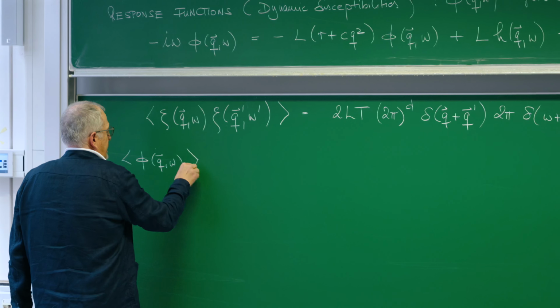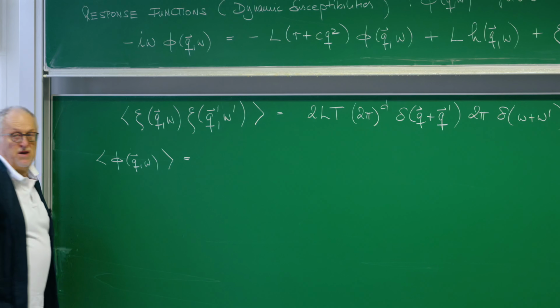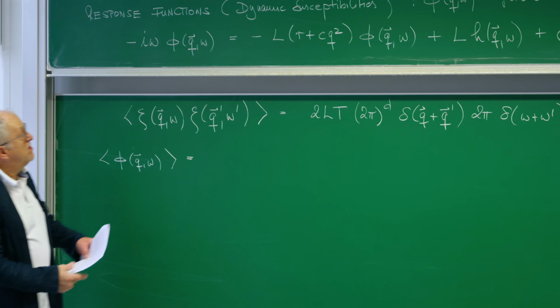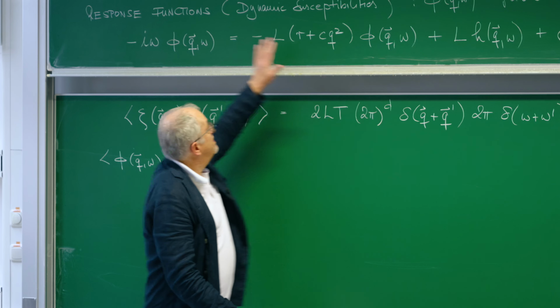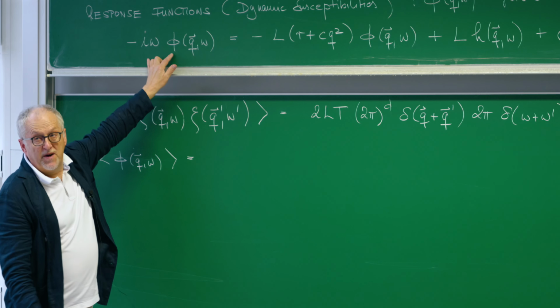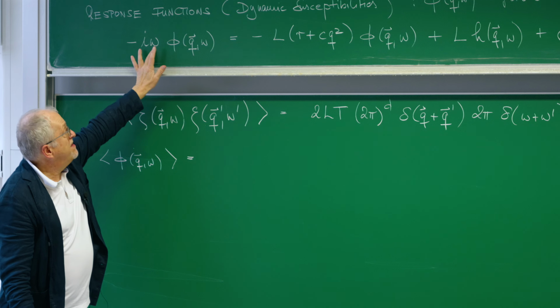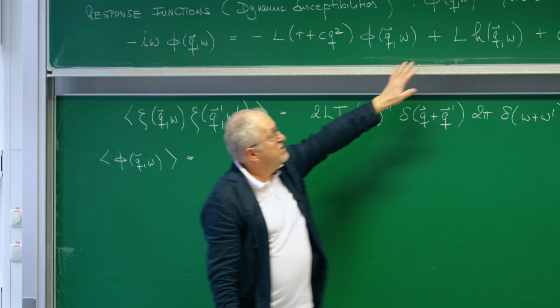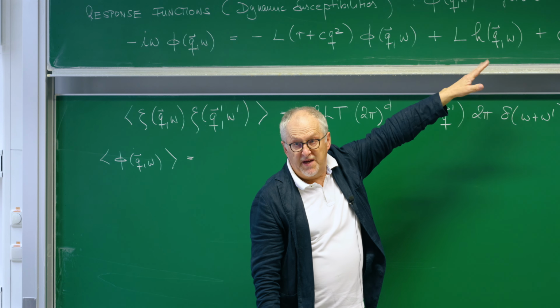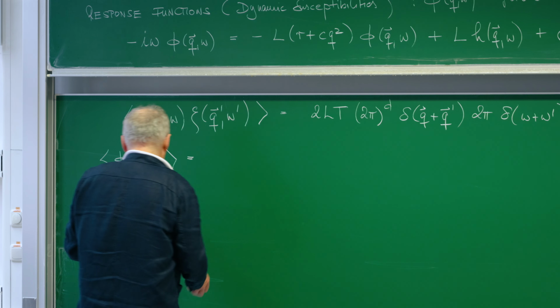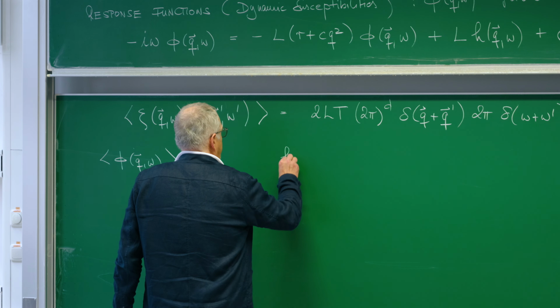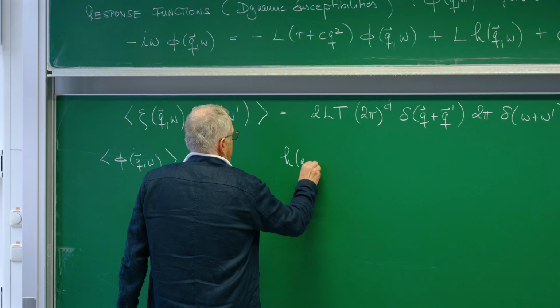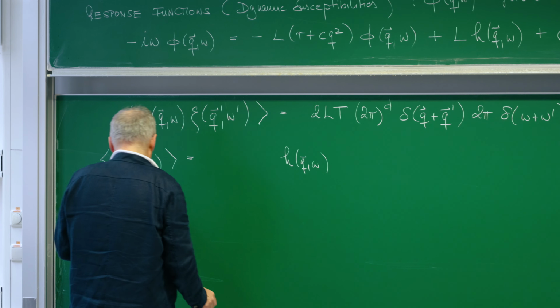And I can ask myself, what is the average of this phi? Well, put this on this side, then you have a prefactor, which is minus i omega plus this one here. That's equal to L h. As you take the average, the theta is 0. So this is proportional to h of q and omega.